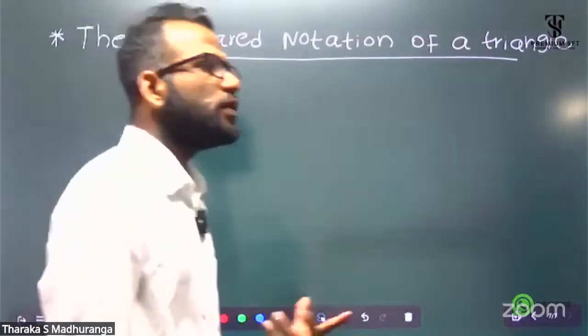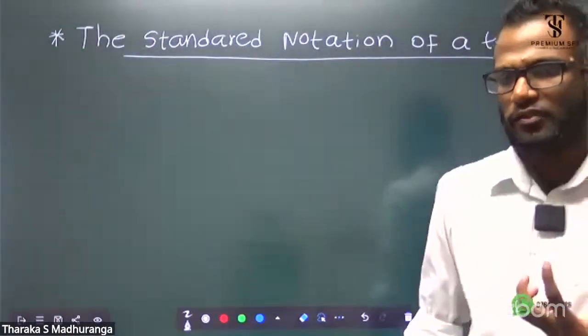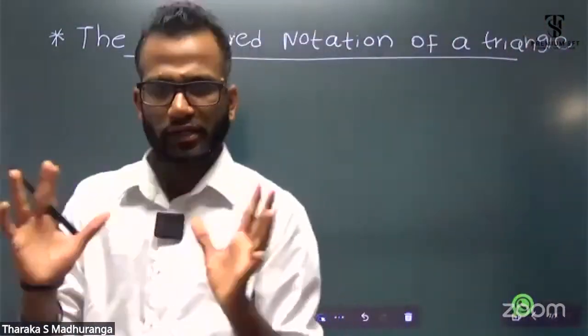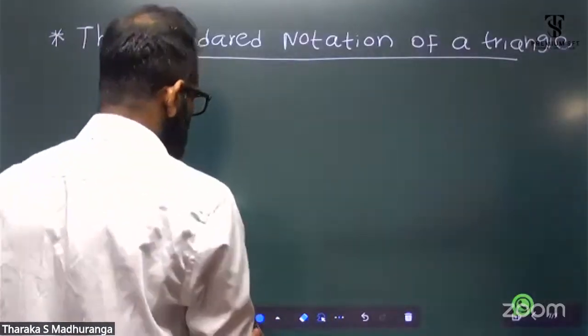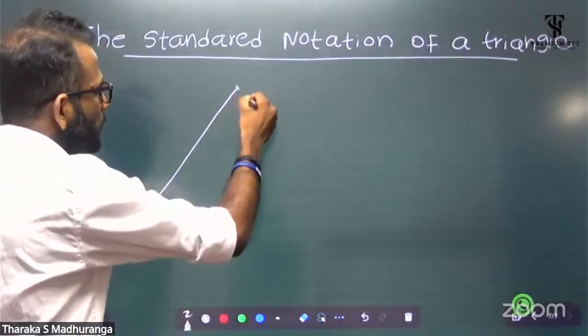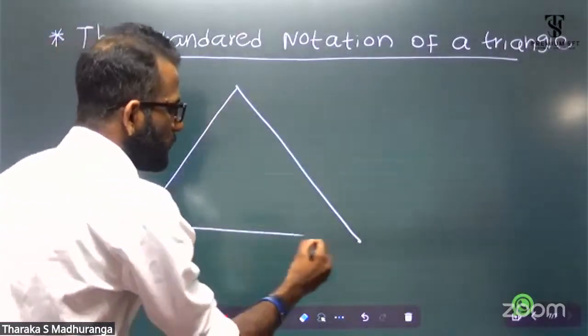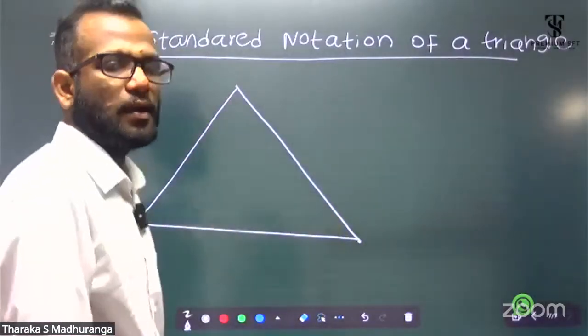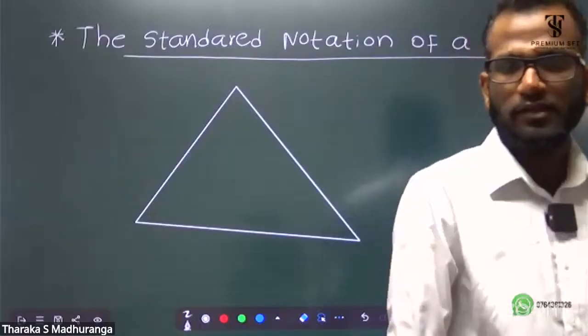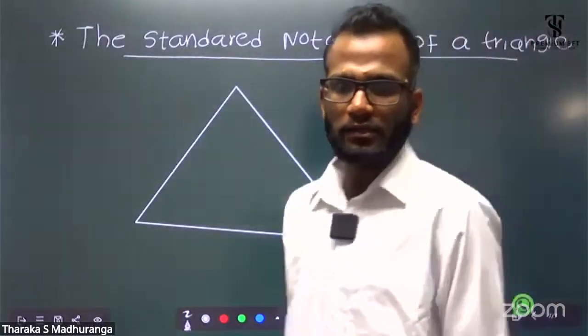Okay, do you have any idea about the standard notation of a triangle? Now you already know the triangle. A triangle means this shape with 3 sides, 3 angles plus 3 vertices. Okay, this is a triangle.